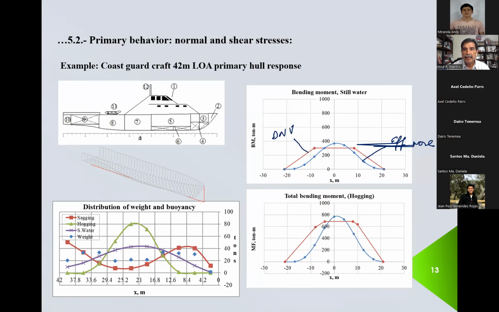So this is like method 2, this is like method 3. This is for still water. And here, you have to be careful because this thing here is still water plus waves. Okay? And here, directly, when you integrate, you have the two effects together.